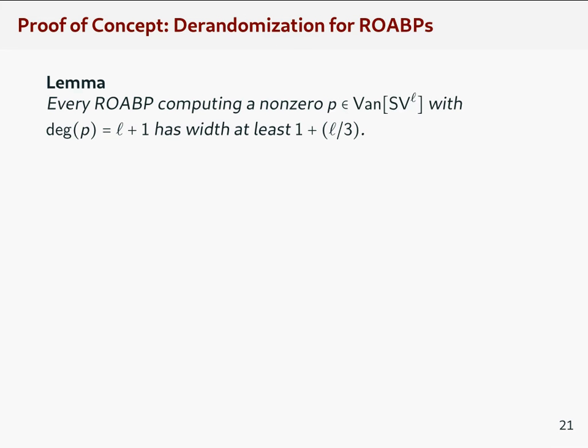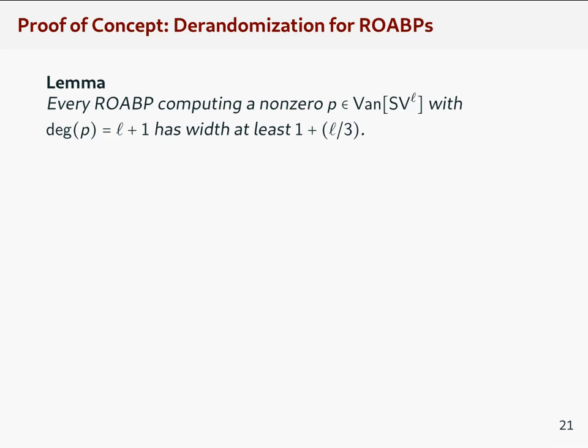The result we have can be stated as a lower bound, where every ROABP that computes a non-zero polynomial in the vanishing ideal for SV_L, if it moreover has degree L plus 1, then you get a lower bound on the width of that ROABP that grows with L. Okay.